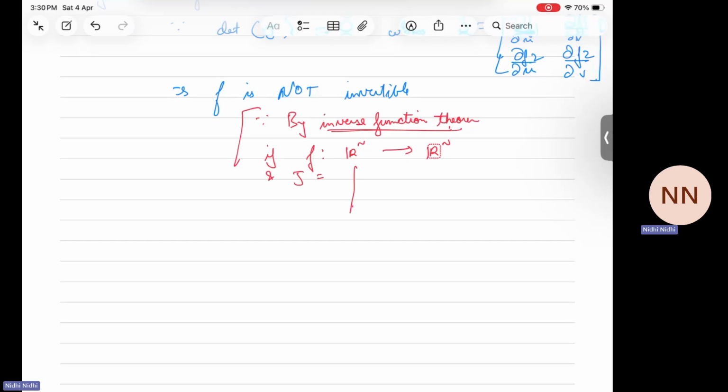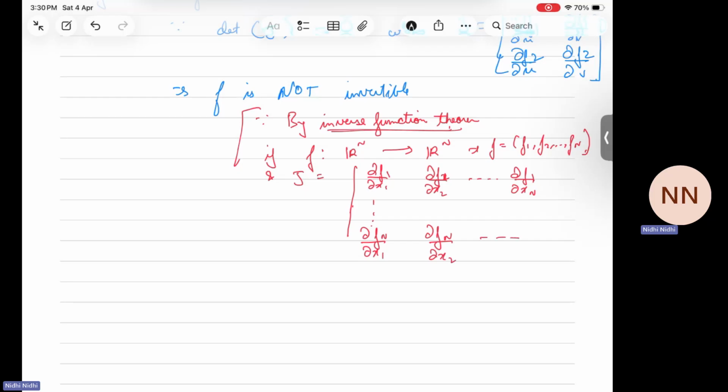Now, since f is from Rn to Rn, f is of the type f1, f2 up till fn. And then we define this J as del f1 by del x1, del f1 by del x2, up to del f1 by del xn, if x1, x2 up till xn are the variables. Then similarly all other rows, del fn by del x1, del fn by del x2, and so on up to del fn by del xn.